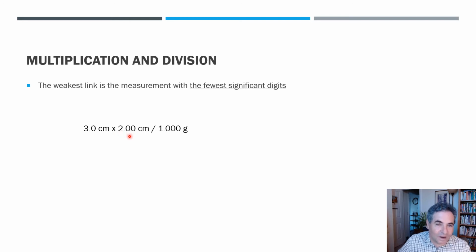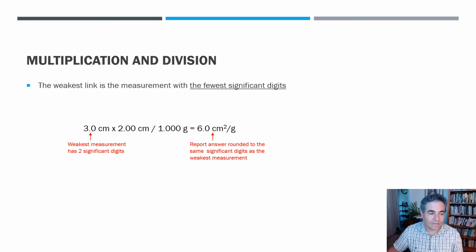And this has how many significant digits? 3. And this has how many significant digits? 4. So this has 2, 3, and 4 significant digits. There's the weak link right there. So that was the weakest link.